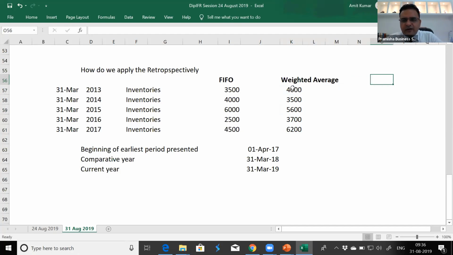The cumulative effect, the change, is that the inventory was supposed to be higher by 500. It was lesser by 500 in year 2. 400, 1200.